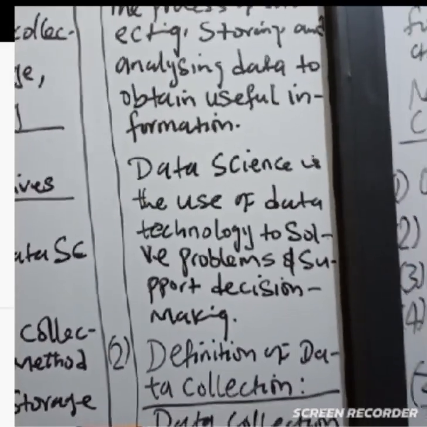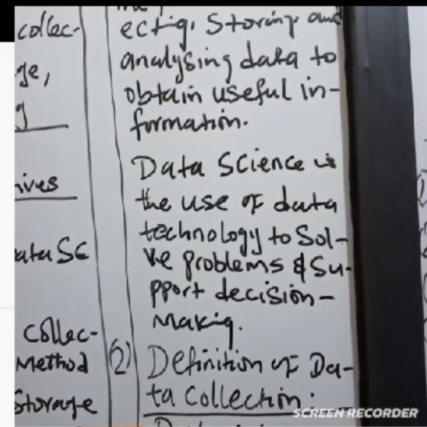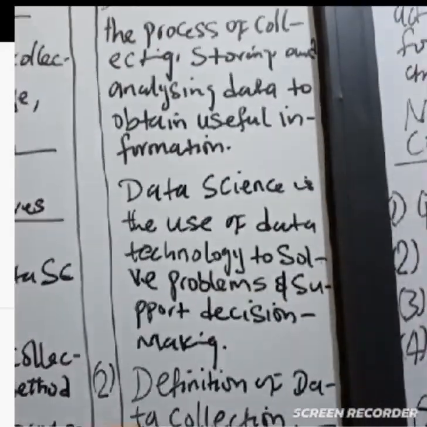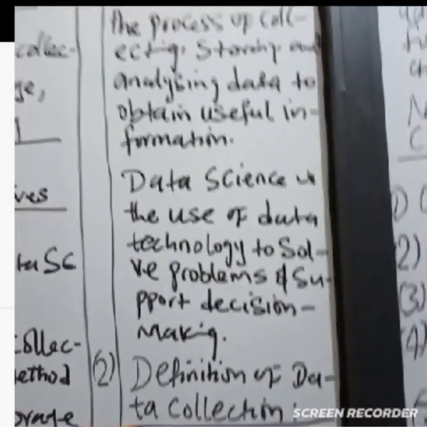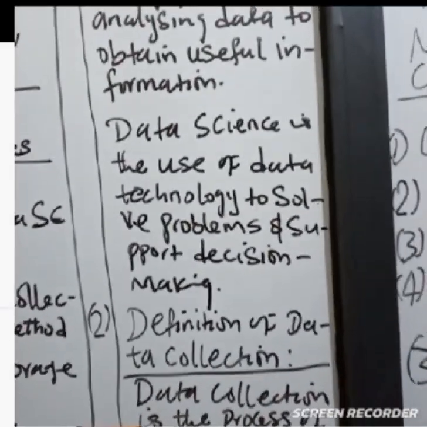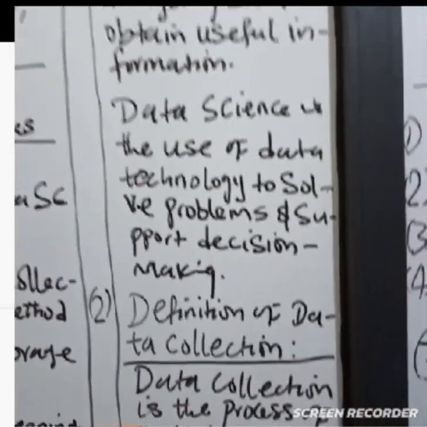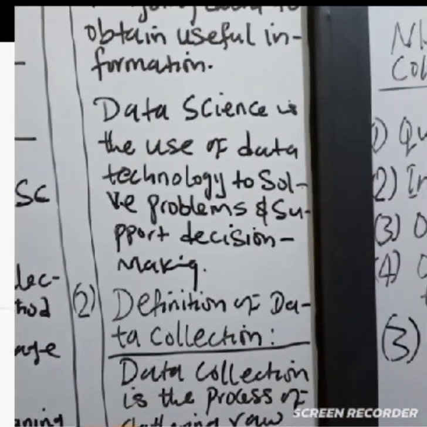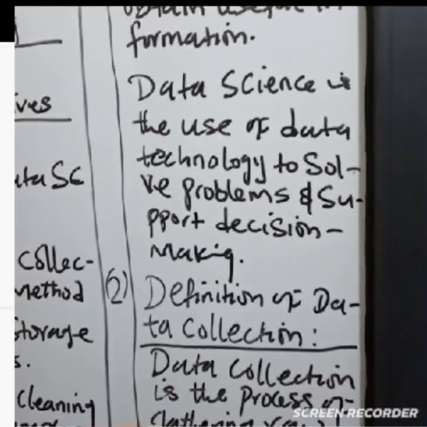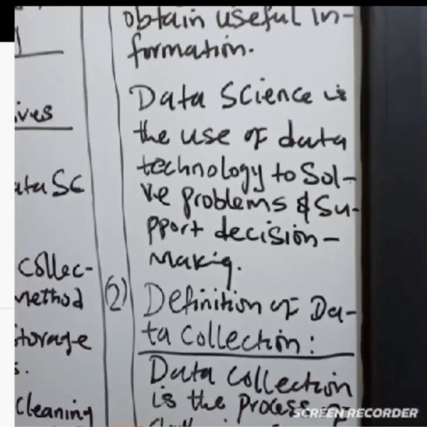Data science helps schools, hospitals, banks, and governments to make correct decisions. It's very useful in those fields and other fields of study. To make good decisions, you need data science.